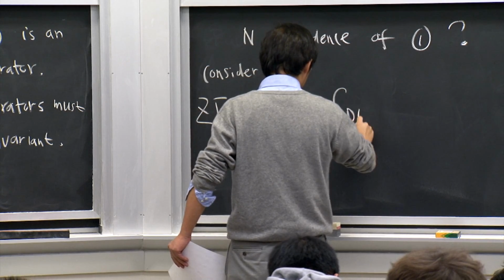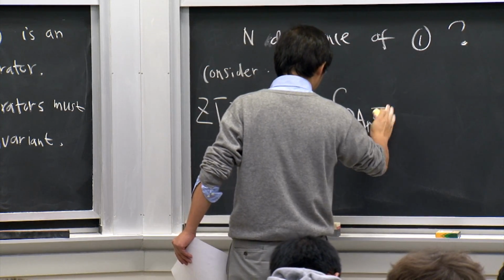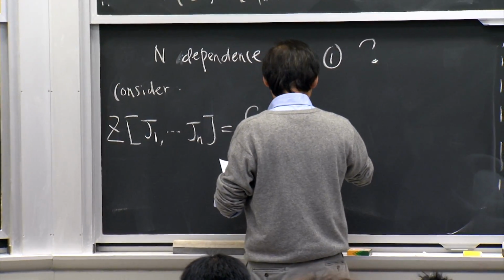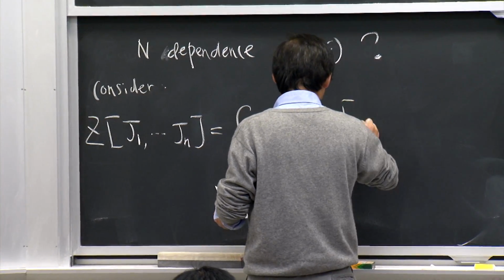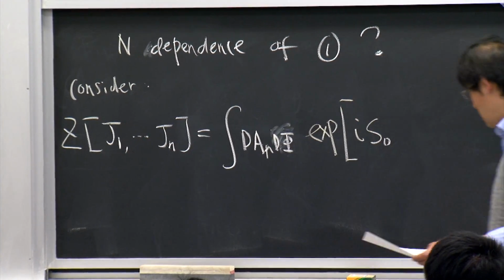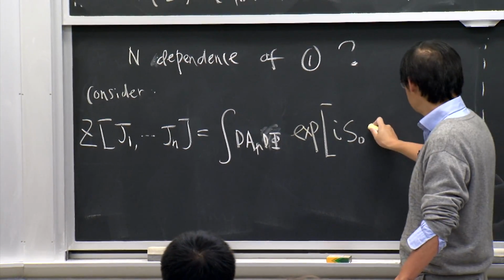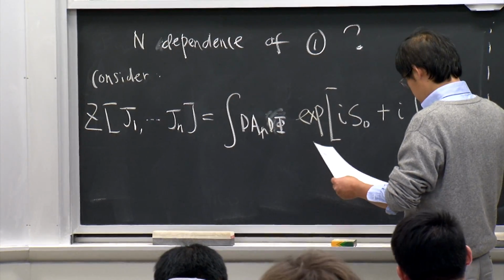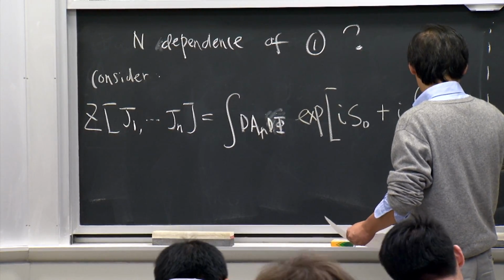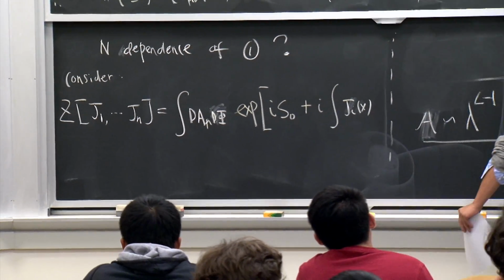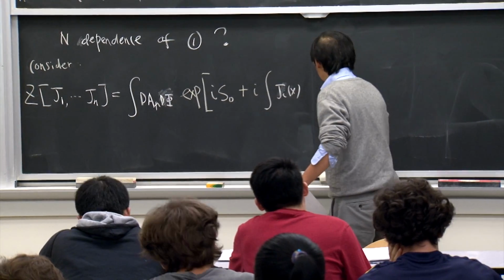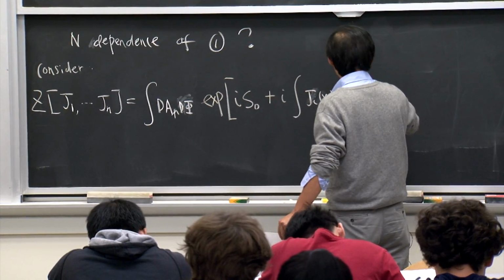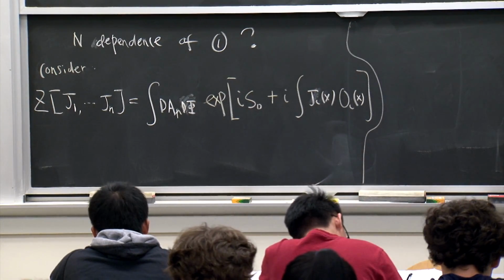So whatever your fields are, you do the path integral over all fields. And then you look at the action. So you have your original action, which I call S0. And then let's add those operators, J_I(x) O_I(x).